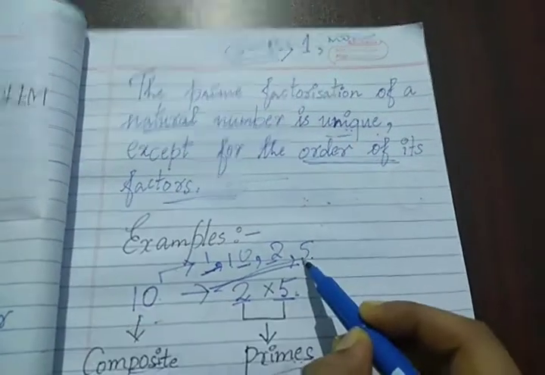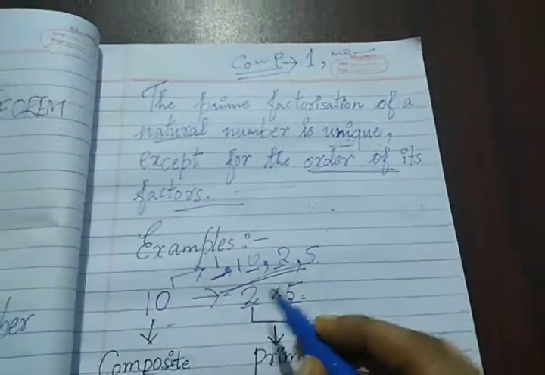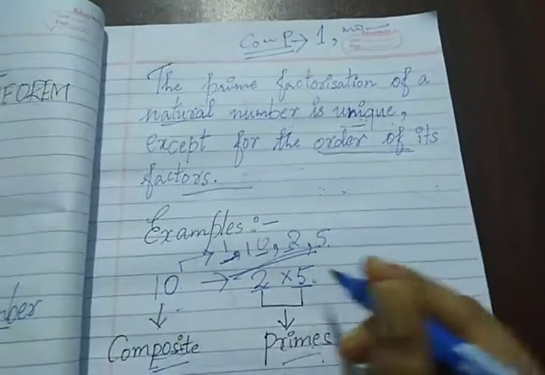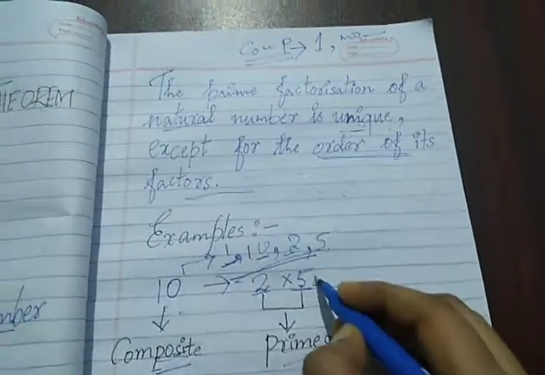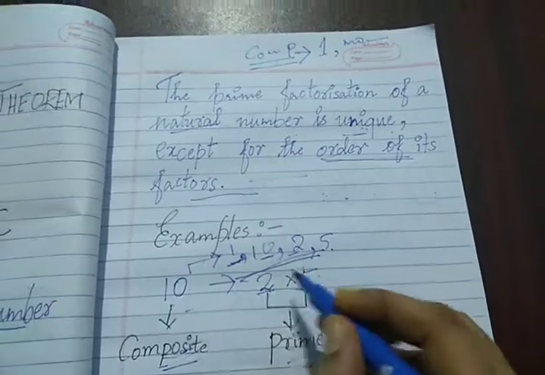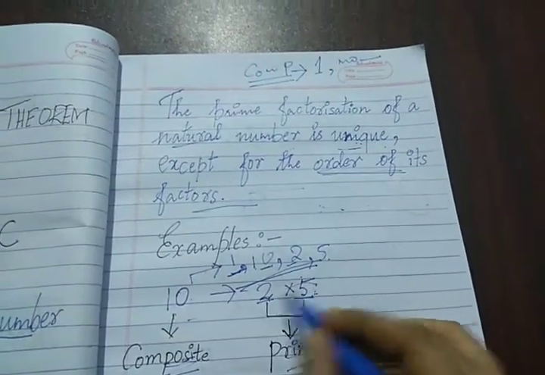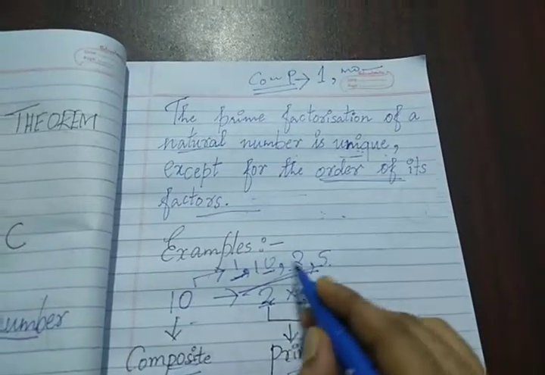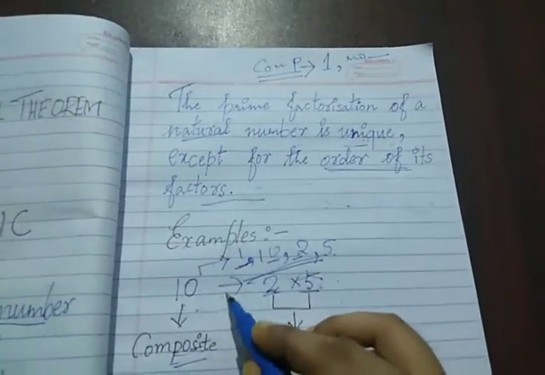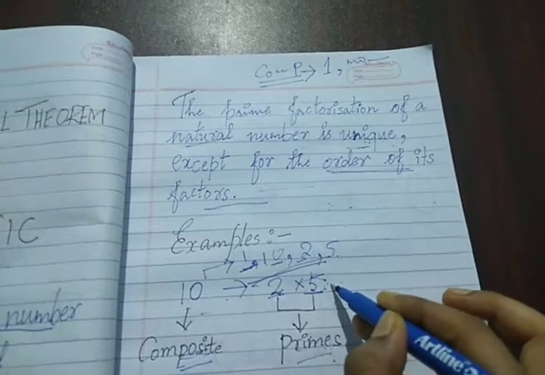If you want to do the prime factorization of 10, you will write it as 2 into 5. 2 and 5 are primes, and we have factorized 10 as a product of primes.